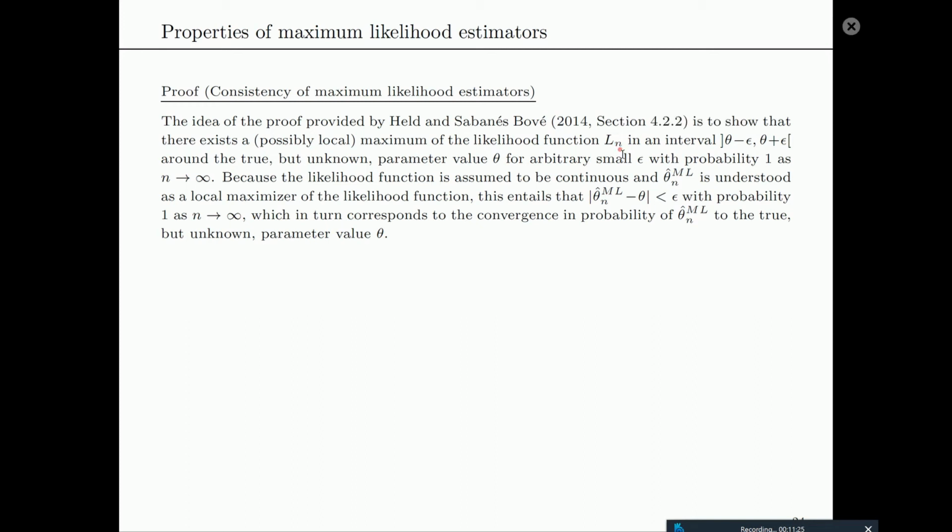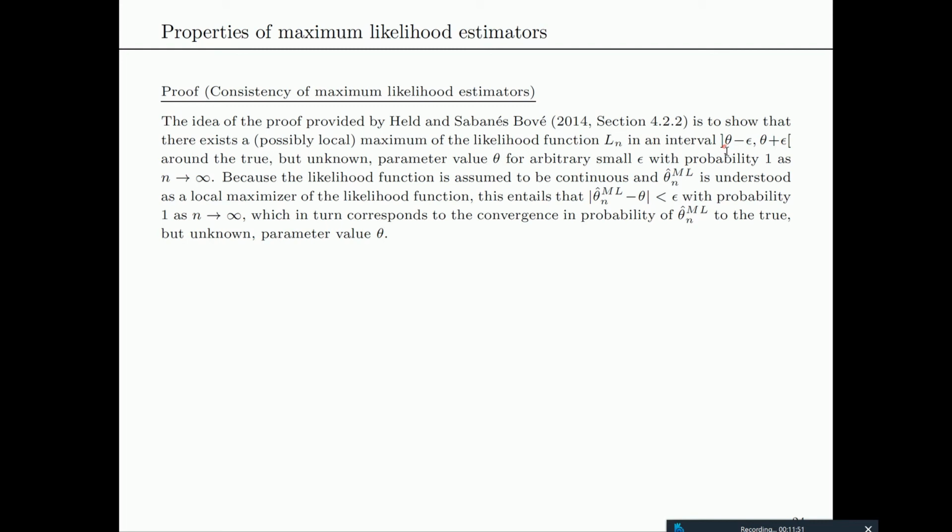So n goes to infinity, the probability of an event is going to 1, and this holds for arbitrarily small epsilon. So the idea is to show that as n goes to infinity, there is a maximum in an interval around the true but unknown value with probability 1.